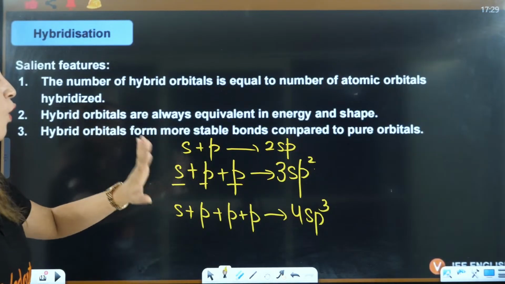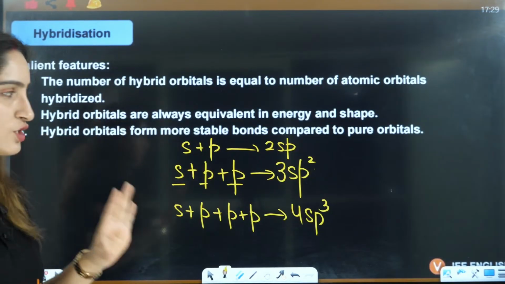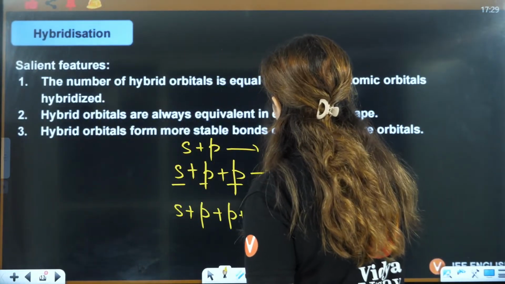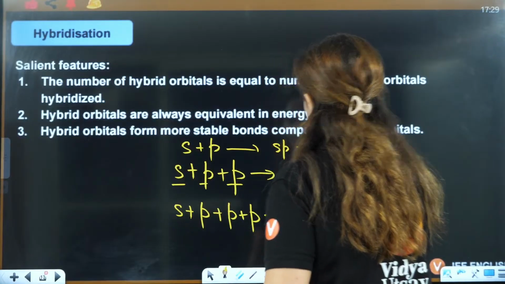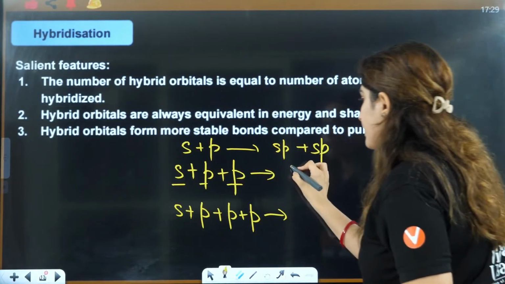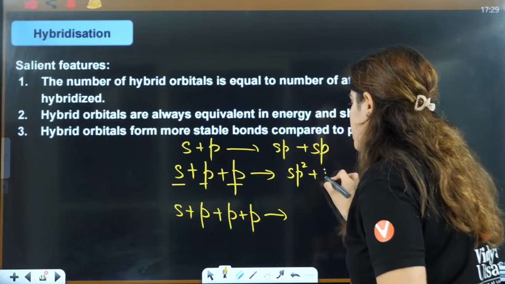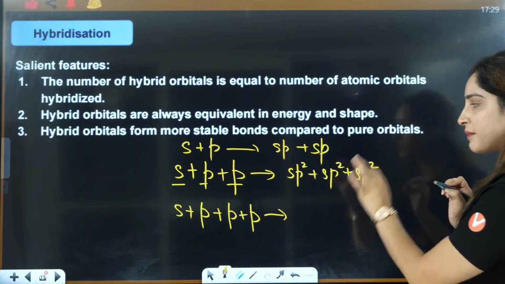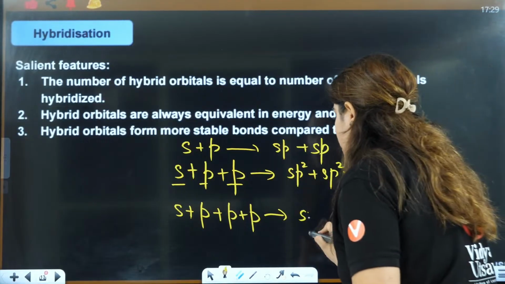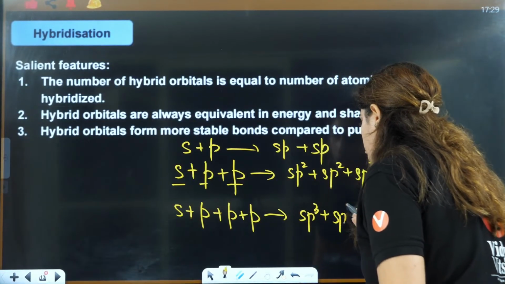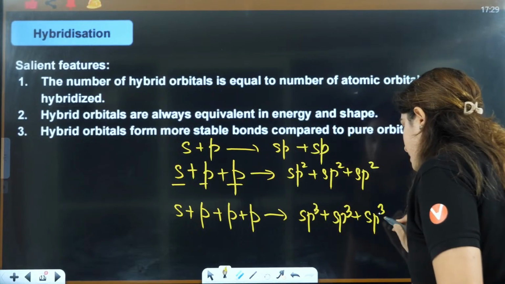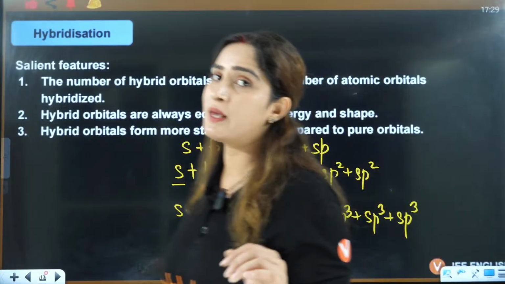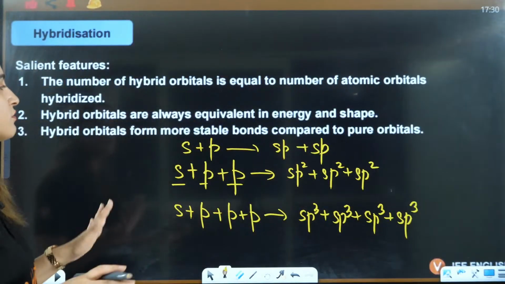Hybrid orbitals are always equivalent in energy and space. So 2 orbitals are formed which are same. Here 3 sp2 orbitals are formed and they are same in energy and shape. 4 orbitals are formed and all of them are sp3. Mostly we are going to discuss sp, sp2 and sp3 in today's session, right?